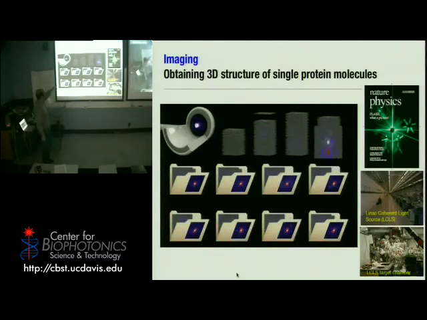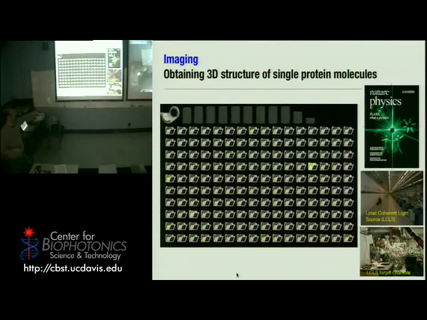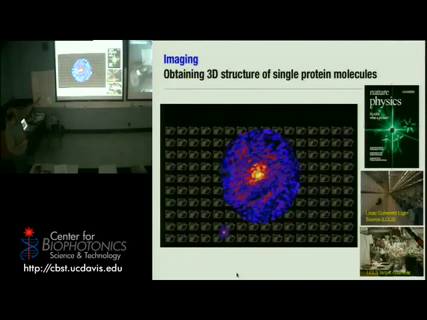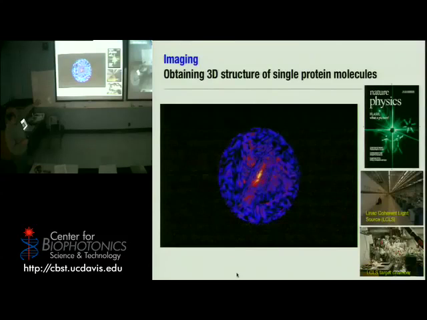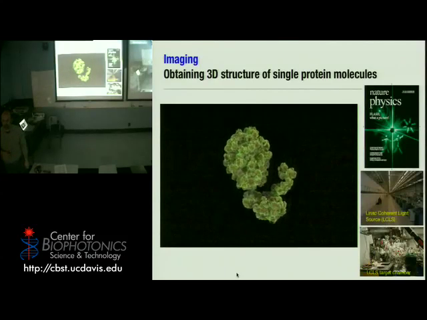And you add up all those patterns of the X-rays hitting the protein, and you get more and more and more of these patterns. And then you can take that information, and you get the pattern of the protein from all these different angles. And then mathematically, you can convert that into a protein structure.